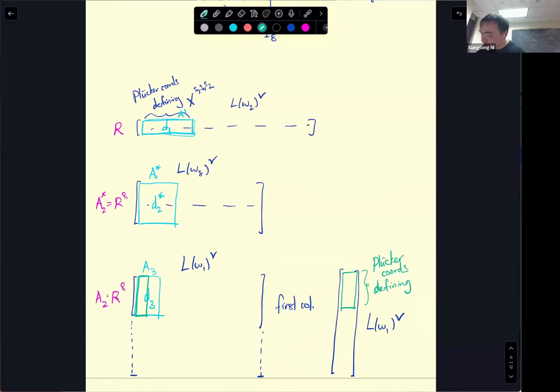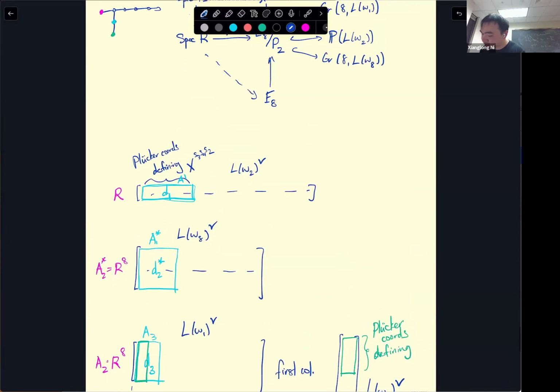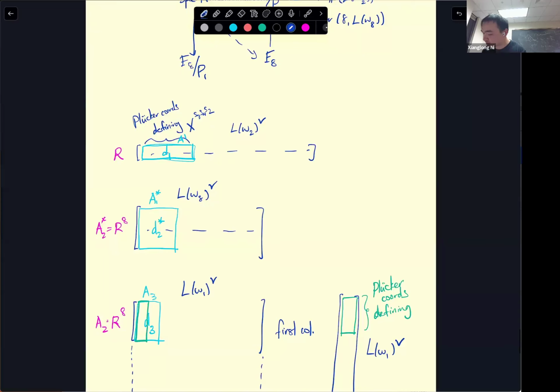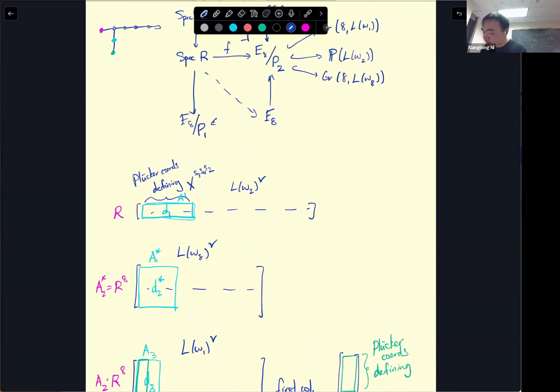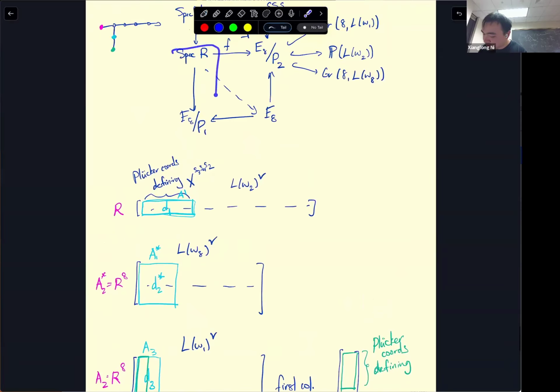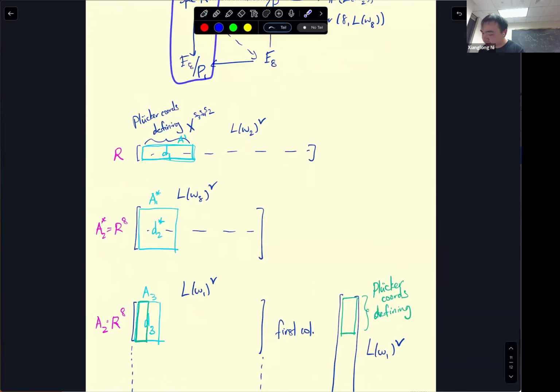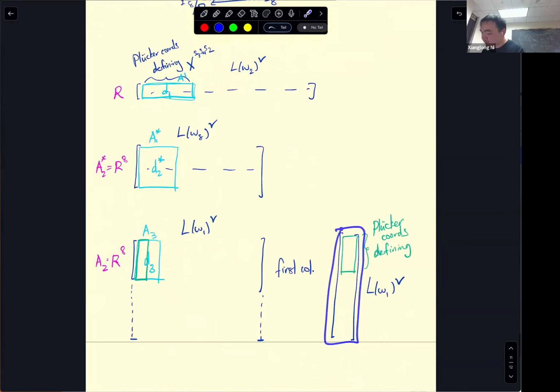So I can think of this whole first column of the square matrix as defining an R-point of E8 mod P1. And the 1 here comes from the fact that it's this fundamental representation associated to omega 1. So what I'm saying is that this map right here is the data of this matrix. And if I restrict myself to this sub-matrix here, these are the Plücker coordinates defining a certain Schubert variety.